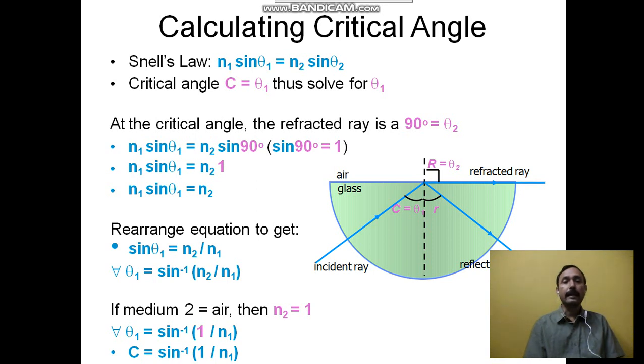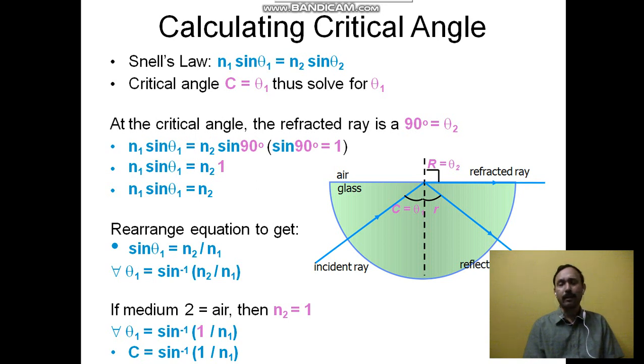At the critical angle, sine theta 1 is equal to N2 by N1. So theta 1 is equal to sine inverse of N2 by N1, where N2 is the refractive index of the rarer medium and N1 is that of the denser medium.